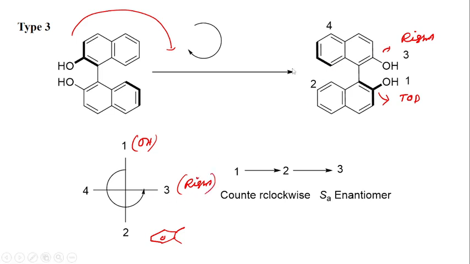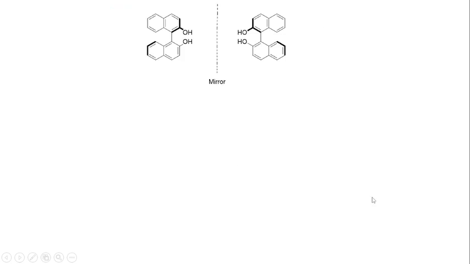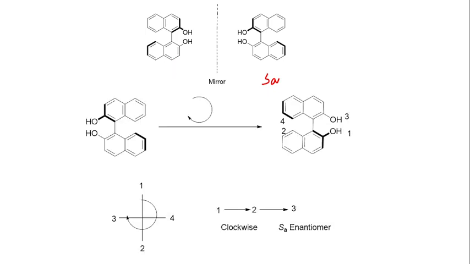And it is on the left side, a benzene kind of thing. Again using 1 to 2 to 3, it is counterclockwise. So S enantiomer. If this is the S enantiomer, then if you take its mirror image, you will find that it will be R. So just do your job, it will be R. Here we have again repeated the same thing.